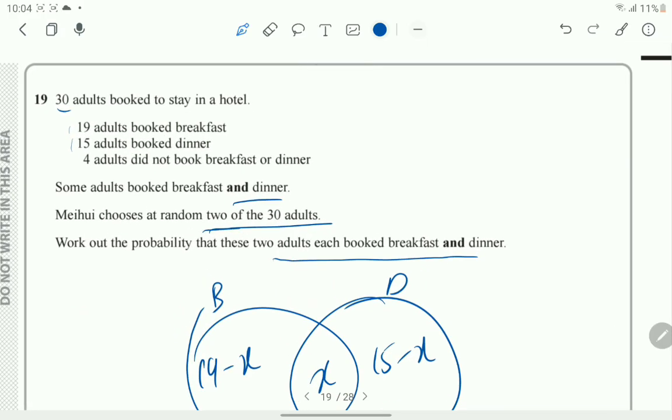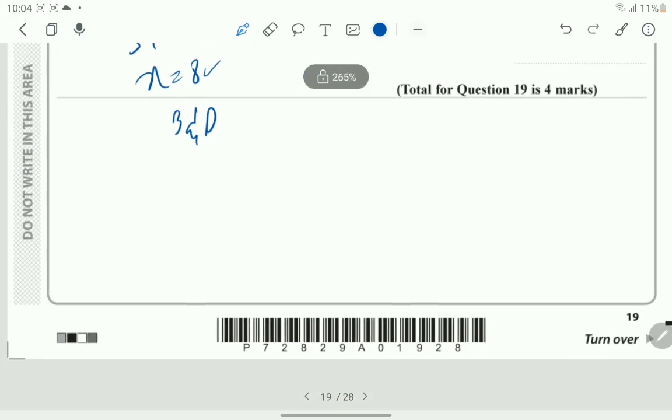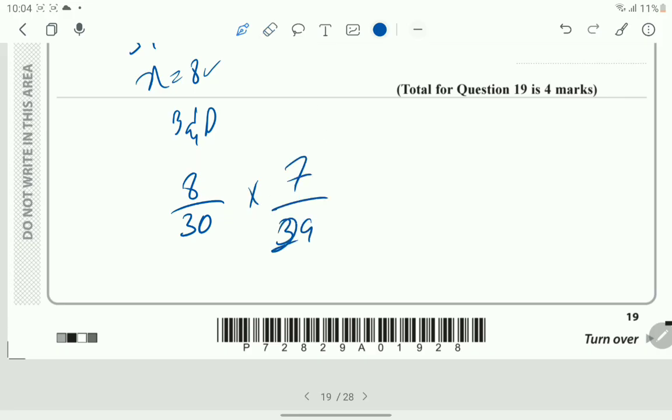Maybe chooses 2 of the 30 adults, so if she chooses the first adult, the probability of her choosing one that booked both breakfast and dinner is 8 out of 30. Then for the second adult, it's 7 over 29, because when she picks one adult, there is one less adult in the pool that has booked both breakfast and dinner.